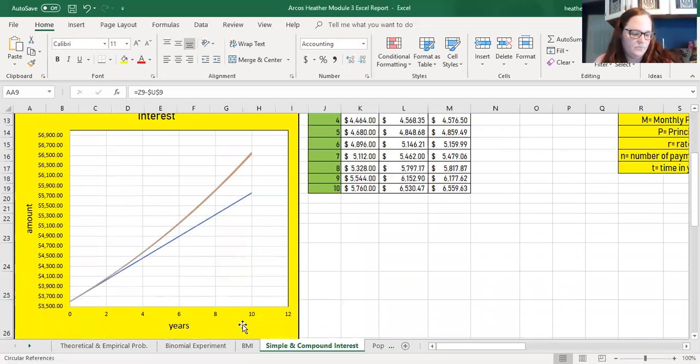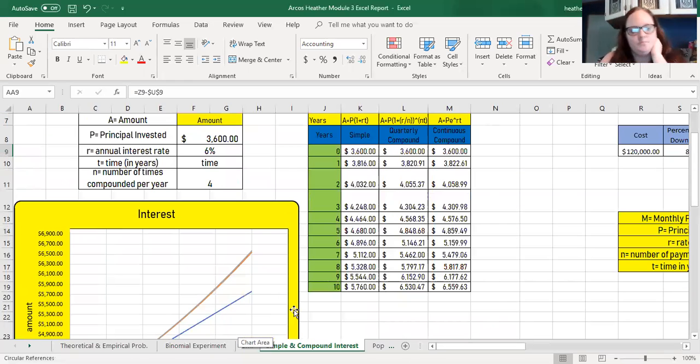Let's look at this. On this one, we had a principal amount, that is how much we borrowed. And with the simple, you can see, over the years, it just adds up on the interest. The interest rate that we used was 6%. The time goes all the way from 0 to 10 years.